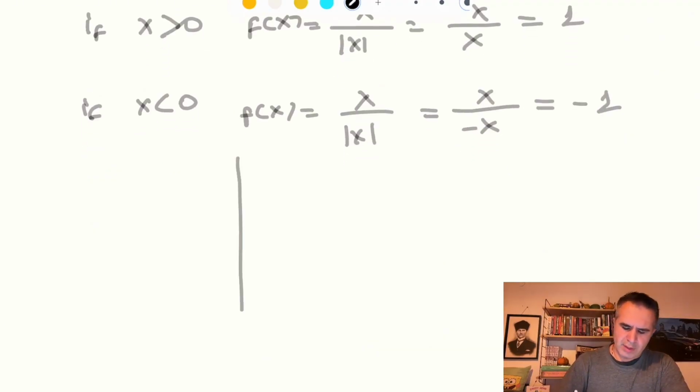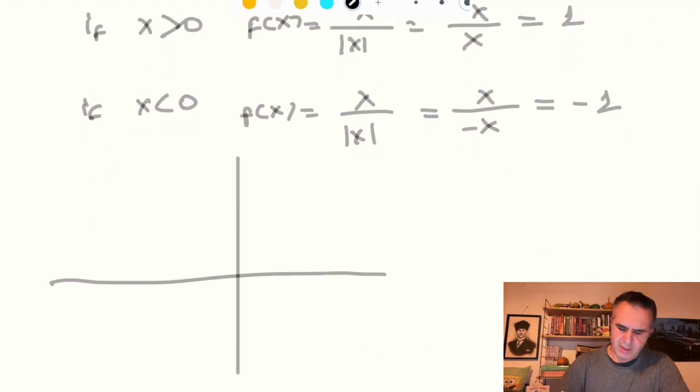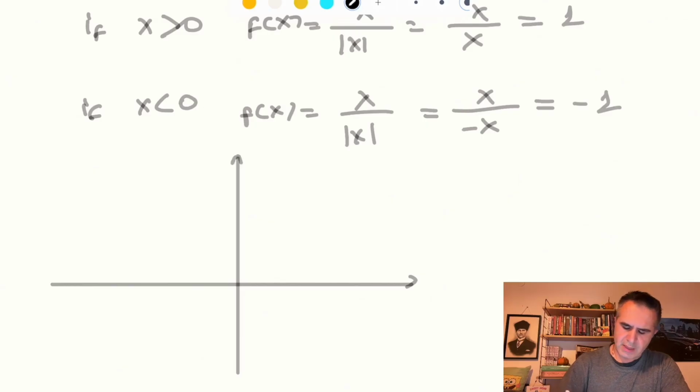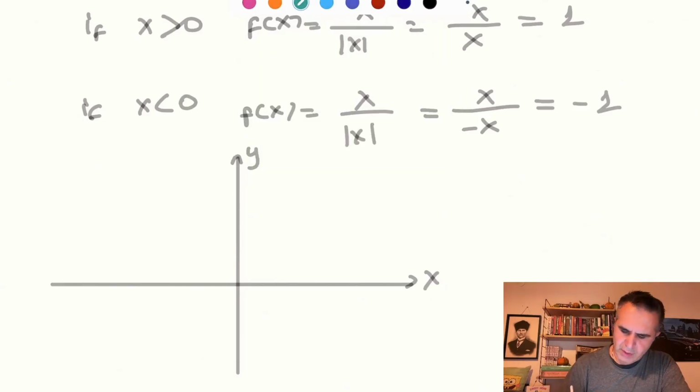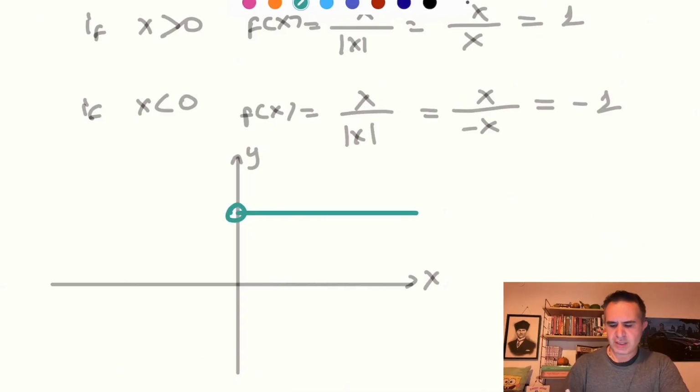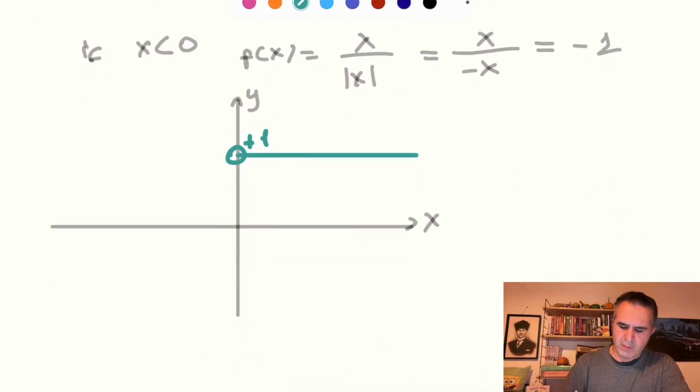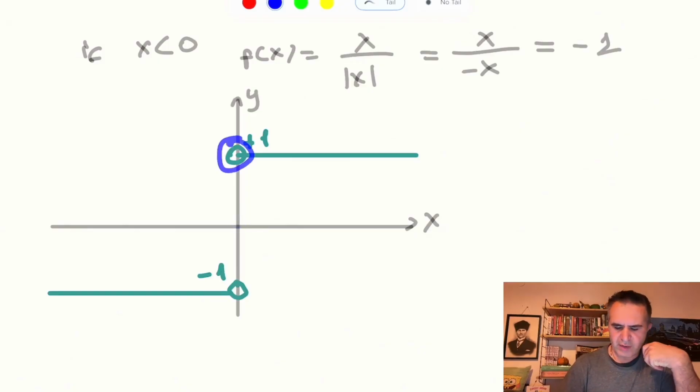So if we graph the function here, this is x and this is y. If x is greater than 0, all the values of the function are 1. This is plus 1. When x is negative, all the values of the function will be minus 1. You see, at the point x equals 0, the function does not have any value.